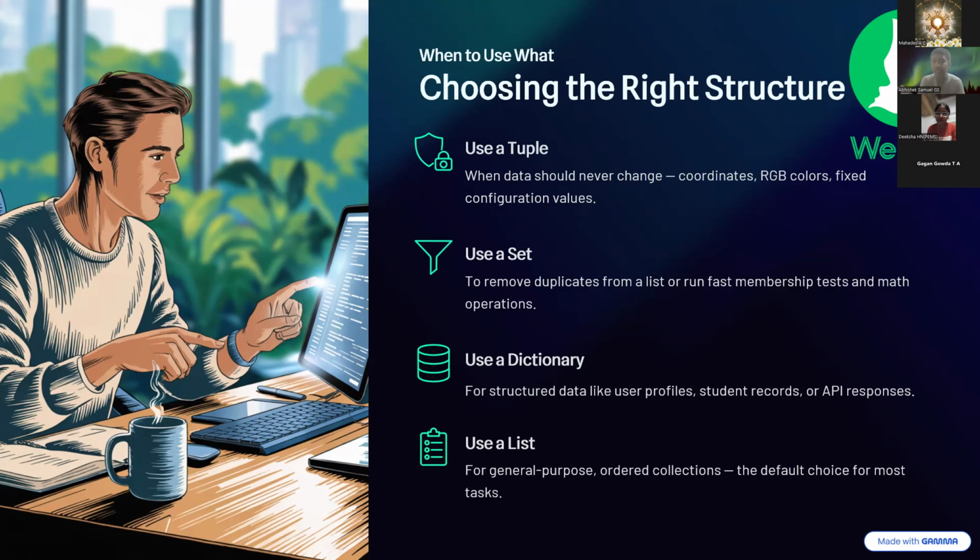Next is the dictionary, where you have key and value pairs. It is used for database-like structures. For example, in Excel there is a feature where you enter some data and it finds the matching entry for you.